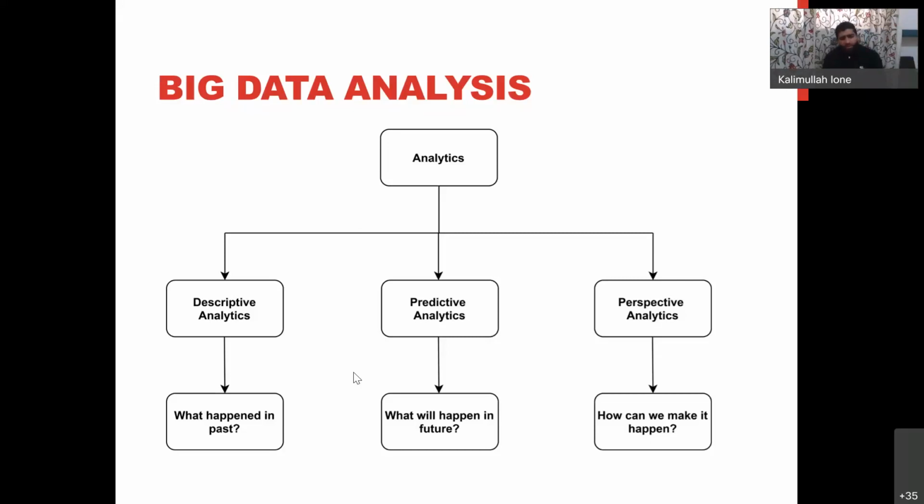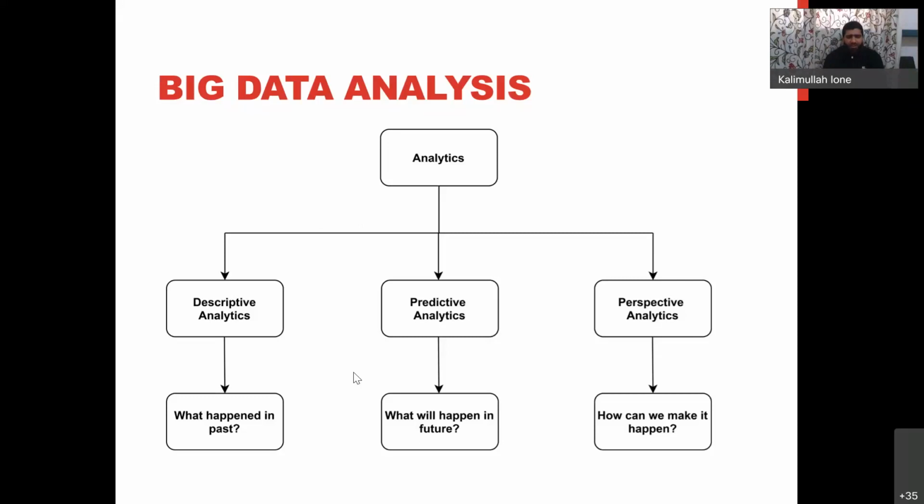I will move to descriptive analytics to see the behavior of students in relation to that subject. If I check the behavior of students on a particular subject, I want to predict how this class will behave.